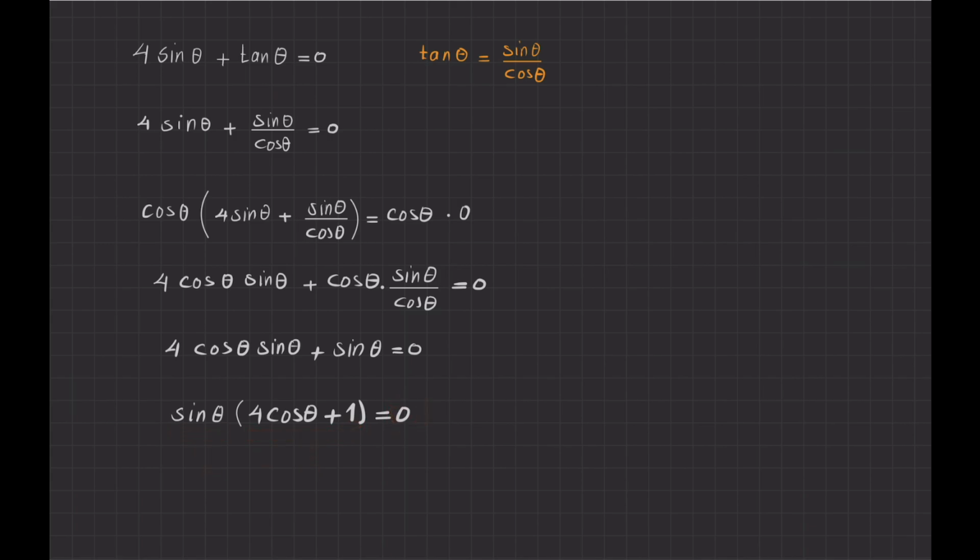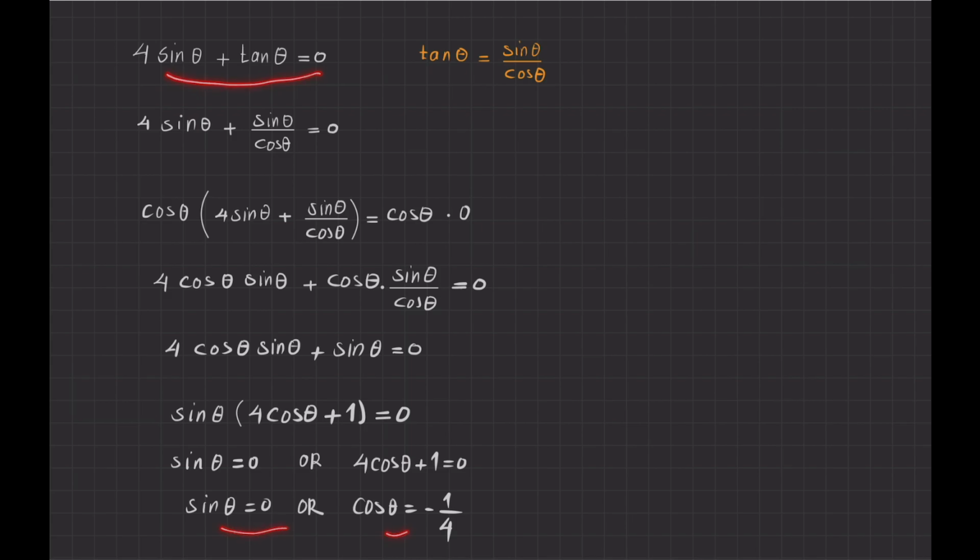So this means that either the first one, sine theta, is 0, or the second one, 4 cosine theta plus 1, equals 0. Of course, you can rewrite it again: either sine theta is equal to 0 or cosine theta is equal to minus 1 over 4. So this equation is now giving me two equations that I have to solve.